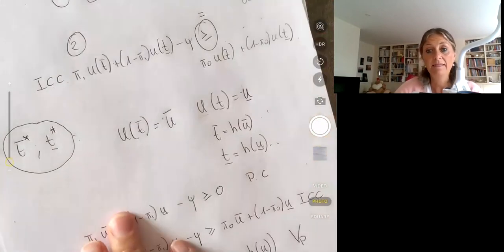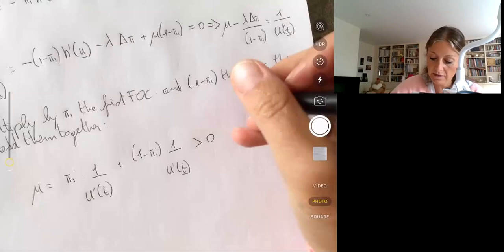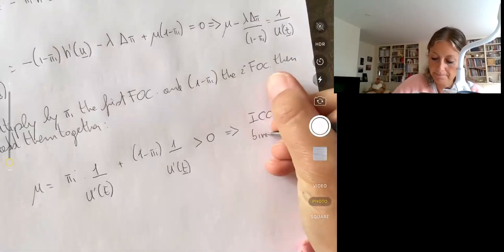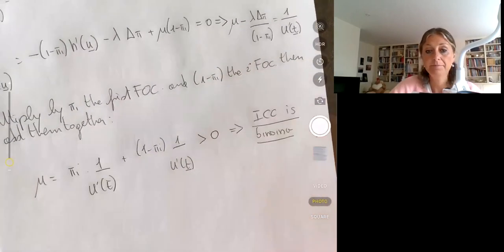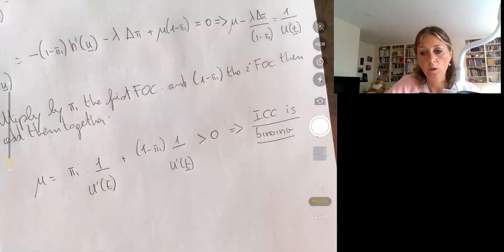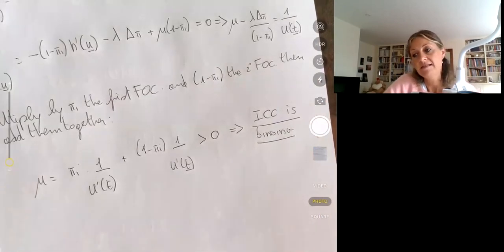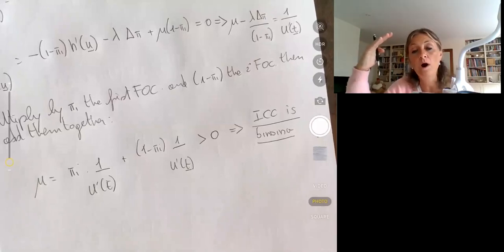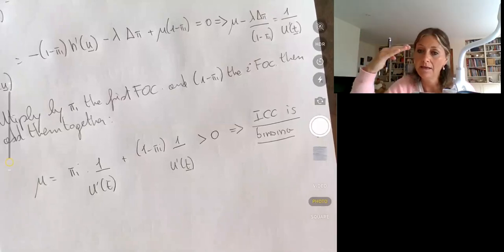That means that the incentive compatibility constraint is binding, which means solved with an equality. It also means that it is relevant for the maximization of utility.